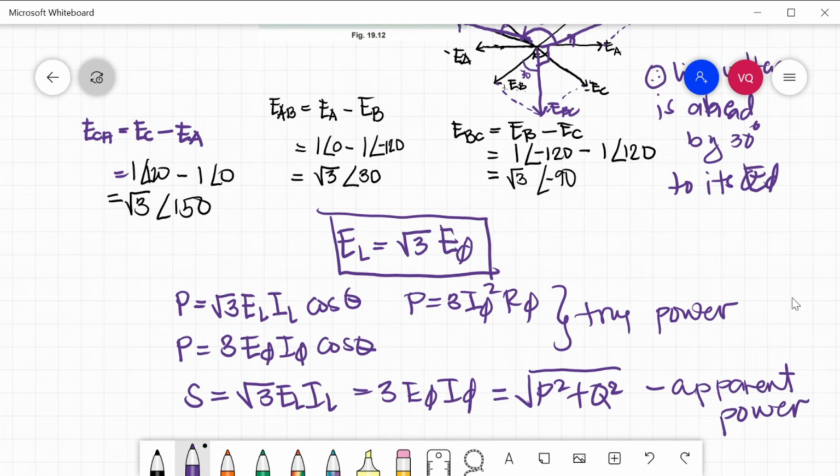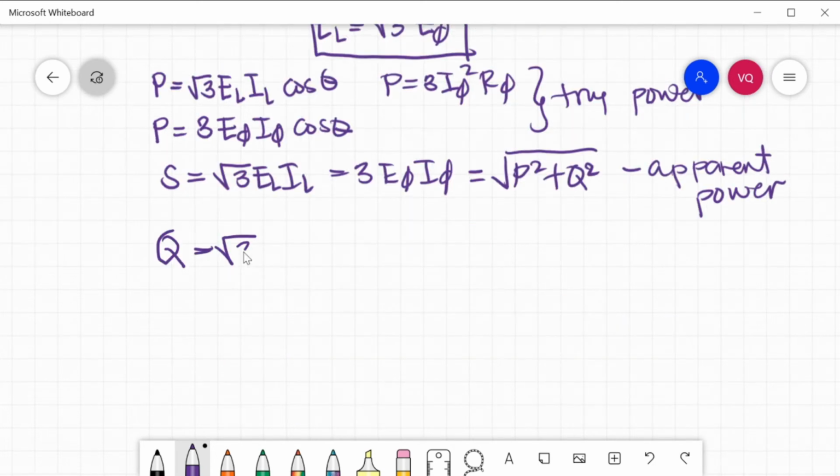Next one is your reactive volt-ampere, Q. That is square root of 3 ELIL sine theta, or 3 times E phase I phase sine theta.